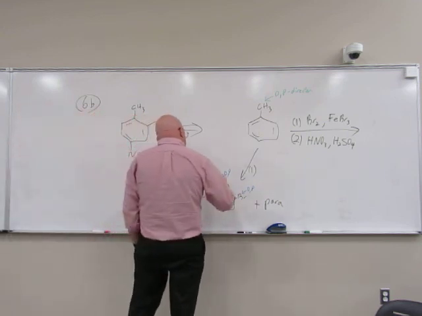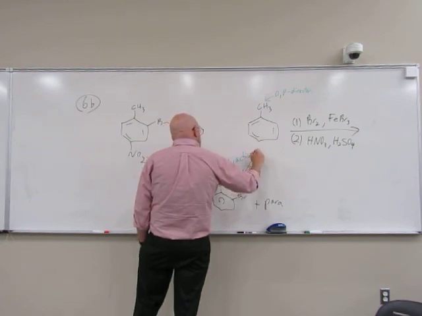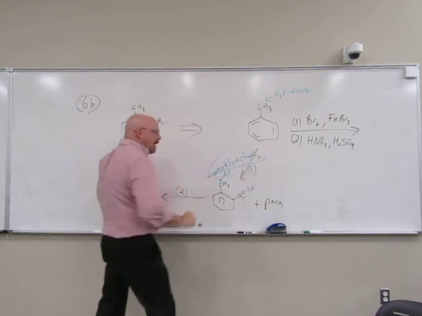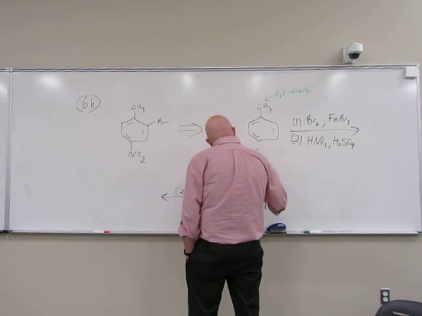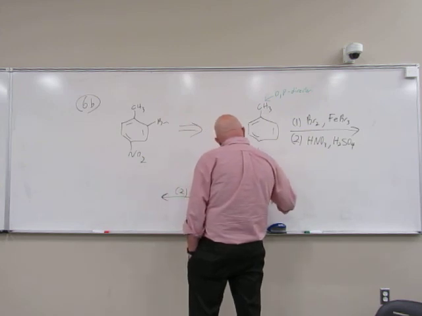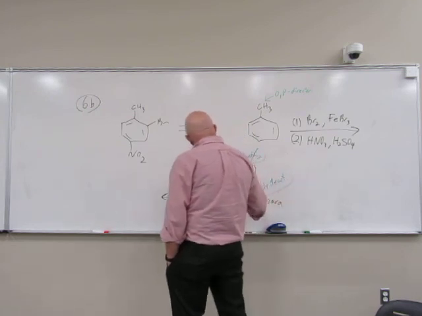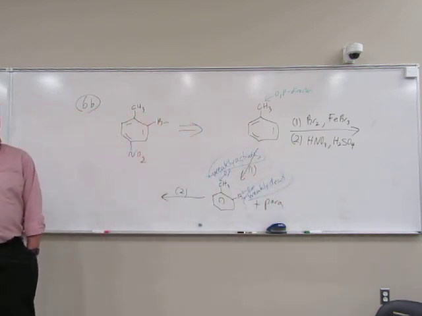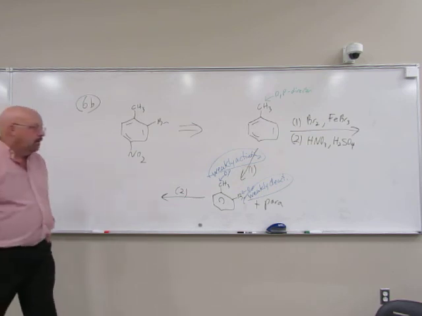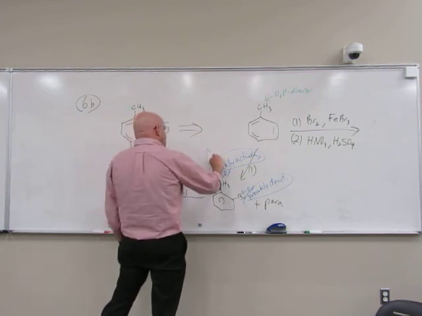A methyl group is weakly activating. That was one of our weakly activating groups. A bromo group is weakly deactivating. Activating always beats deactivating. The more activating group always wins. This is the group that wins.